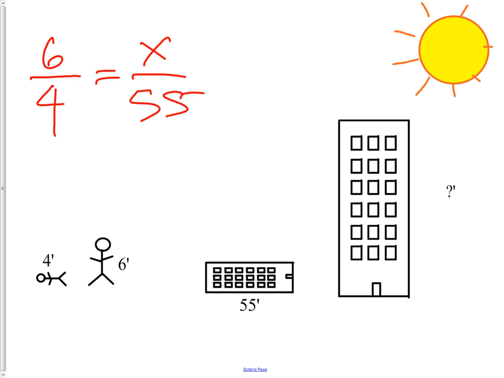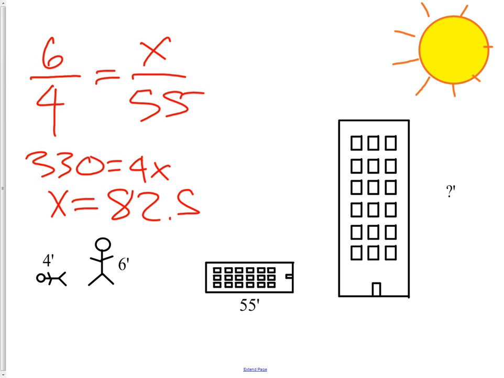We will simply solve this by cross multiplying. 6 times 55 gives you 330 equal to 4x. Divide by 4 and you find that the building is 82.5 feet tall.